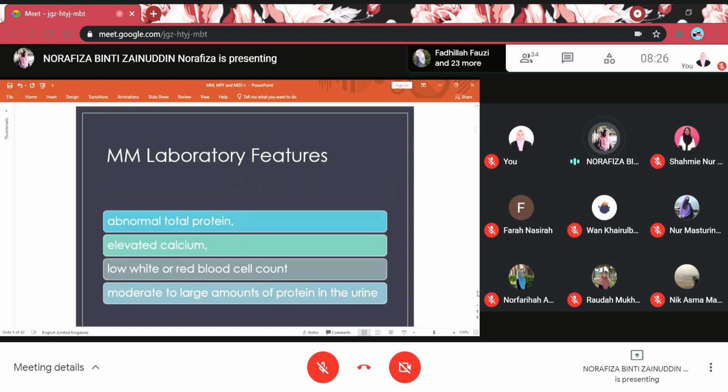This is the laboratory features of multiple myeloma. They can first be detected during routine wellness testing, showing up as an abnormal total protein, elevated calcium, low white or red blood cell count, and or moderate to large amounts of protein in the urine.